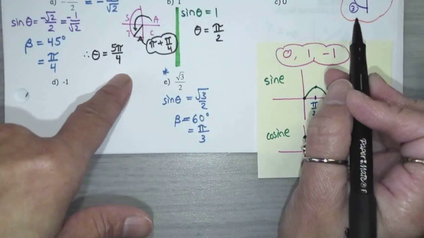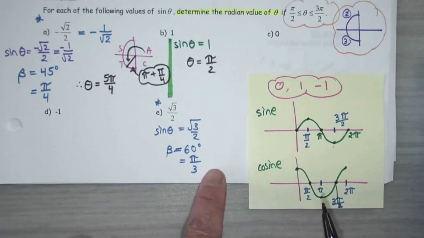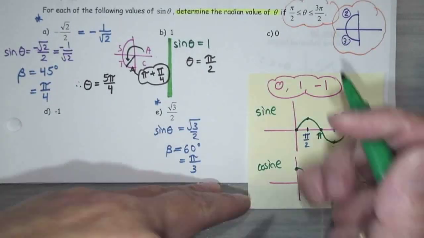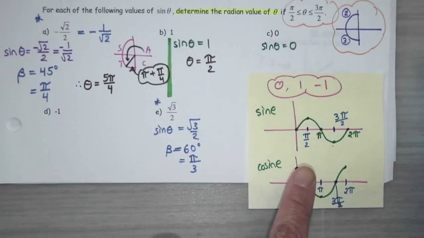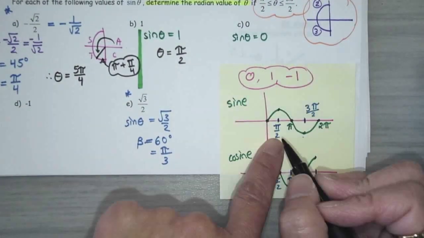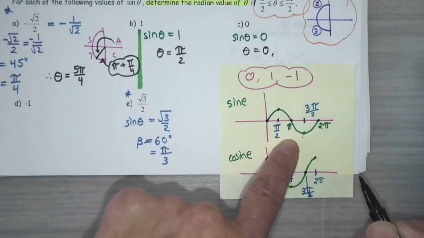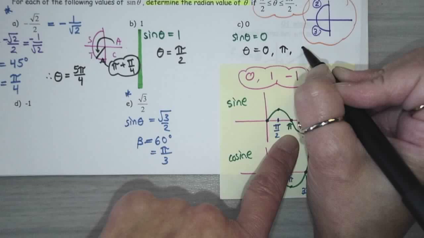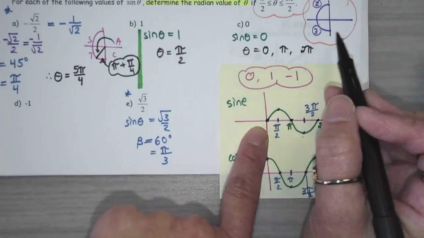Is that in the domain? Yes? Yes. Okay. This one here, sine theta equals 0. What do I get? So I know theta equals 0, pi, and 2 pi, right? But I can't use all of them.